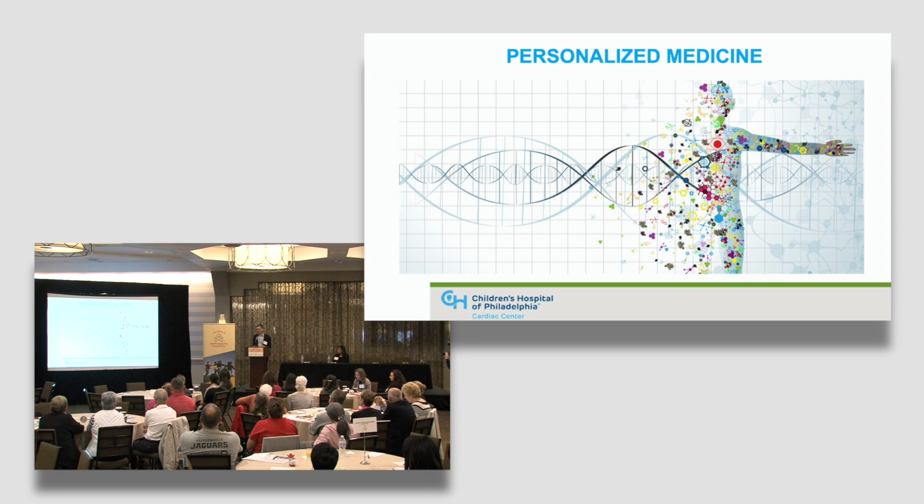And even the slides that I showed you before, we have these curves, and we can say, okay, if we look at 1,000 patients with this disease, this is how they will do. But that doesn't really tell us how a patient will do or how your child would do that's affected with this.